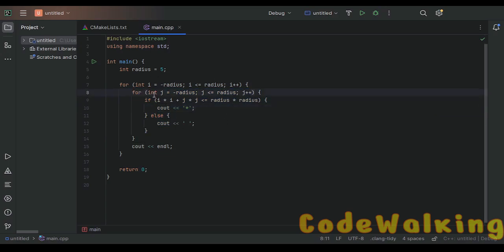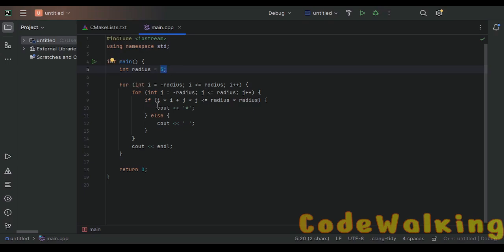So after that, we have another for loop, the nested for loop, integer j that is also equal to minus 5. Okay, and then it's using the same condition.